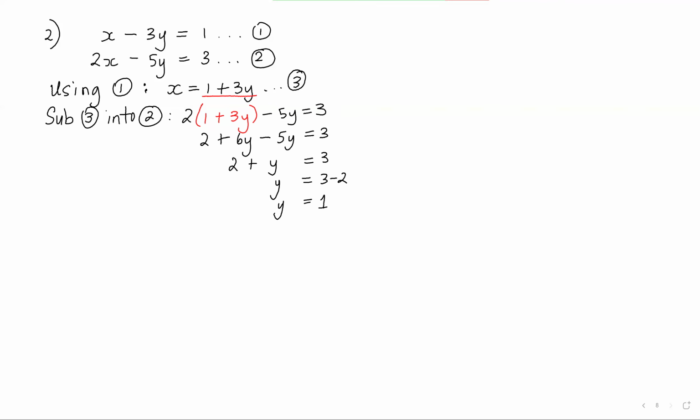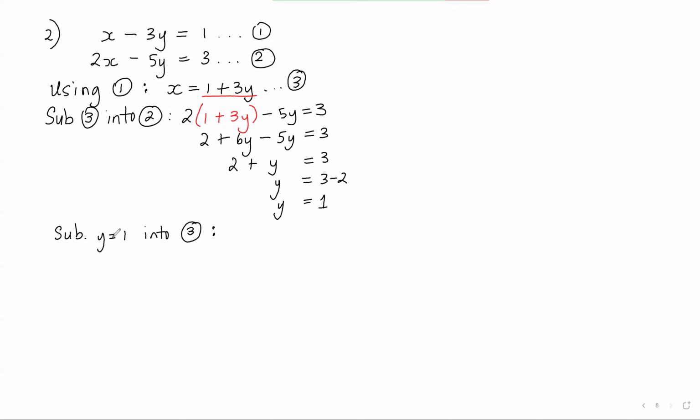And once you have what y is equal to, you could then substitute y is equal to 1 into, I'm going to do it in equation 3 because it's already x is equal to that. So it's a simple substitution and simple simplification.